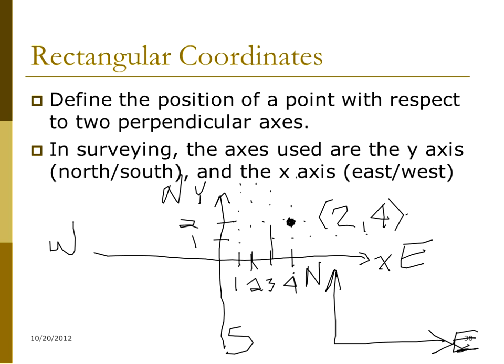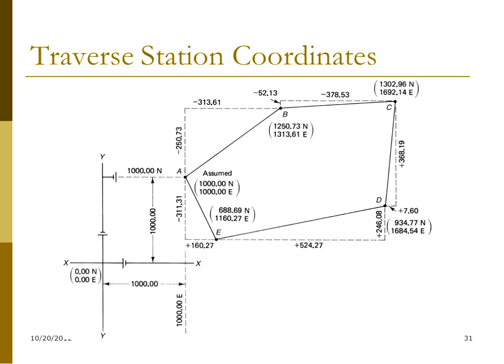One other thing to pay close attention to is that the northern coordinate is always listed first. So even though here we're more likely to see this as 4, 2 because we would always see it as x then y, in surveying you're going to see it as y then x, okay? Meaning north then east.